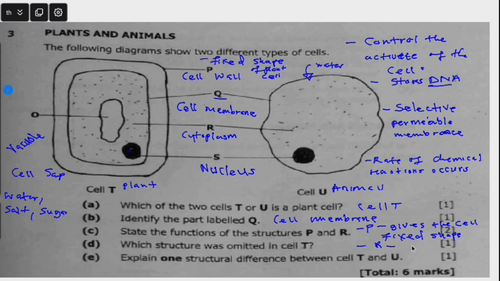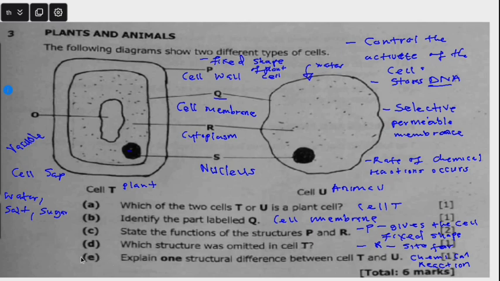Like I said, this one is the site. Whenever you hear the word site, it's a place or the location. So the site for chemical reactions, that is where chemical reactions occur. So these are the answers for question C. R, site for chemical reactions. Then for P, this one gives the cell its fixed shape.